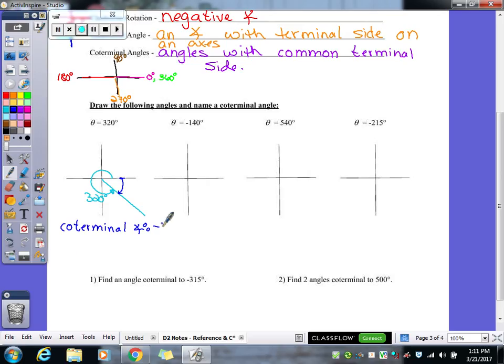And since we're going backwards, our coterminal angle is going to be a negative 40. Because 360 minus 320 is 40, and since it's going in a clockwise rotation, it's a negative angle. Because a perfect circle is 360, minus 320, because that's the angle we had.